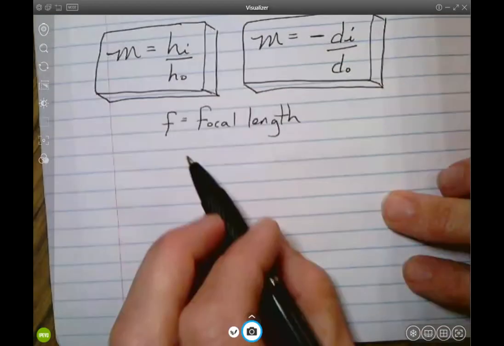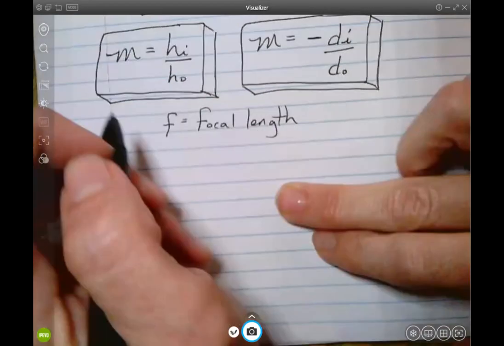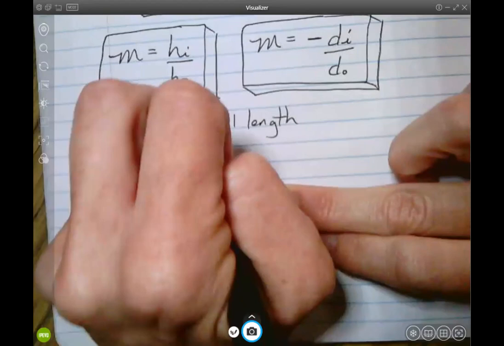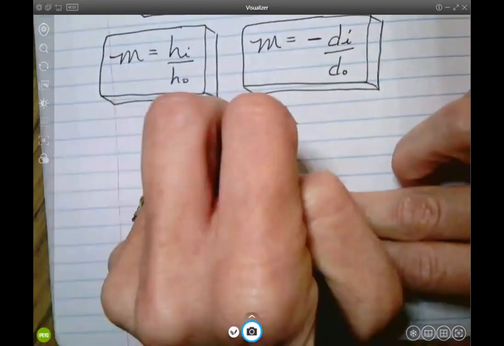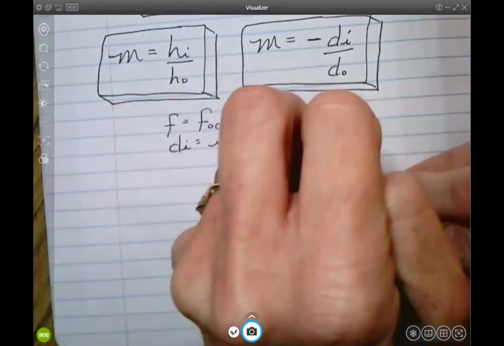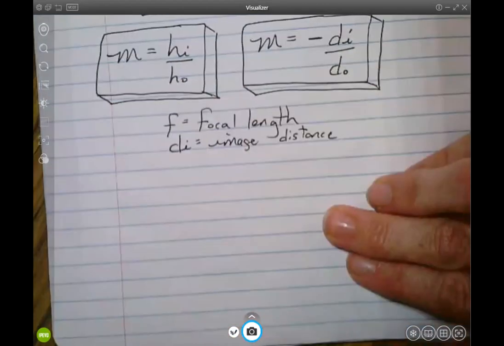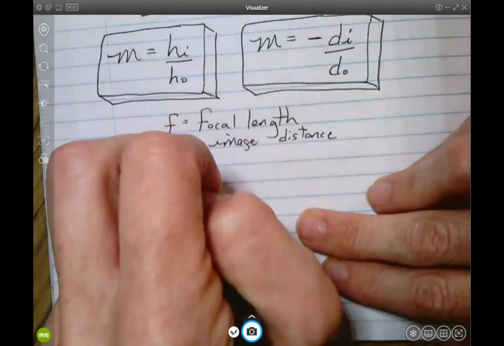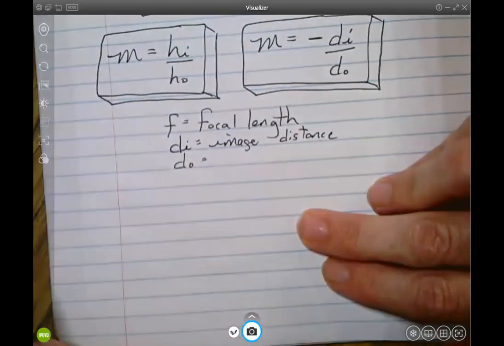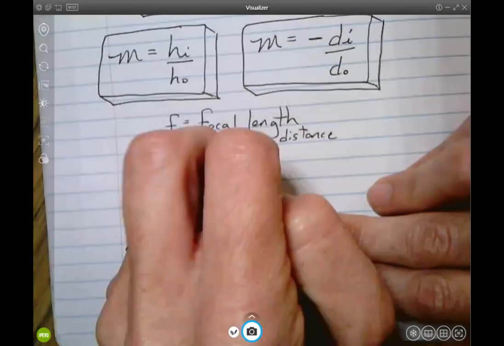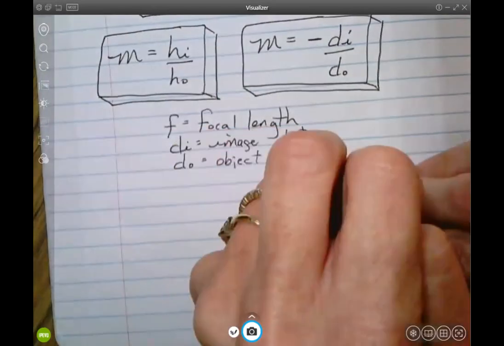So F is focal length, okay? DI is image distance from the center of the lens. DO is what? Object distance. Go ahead and memorize this.